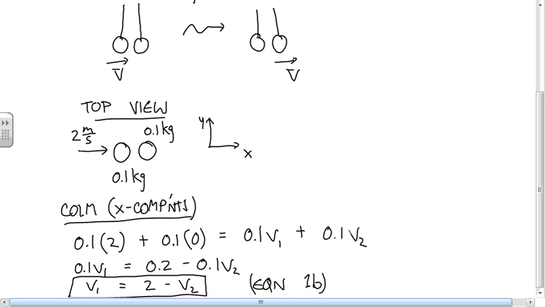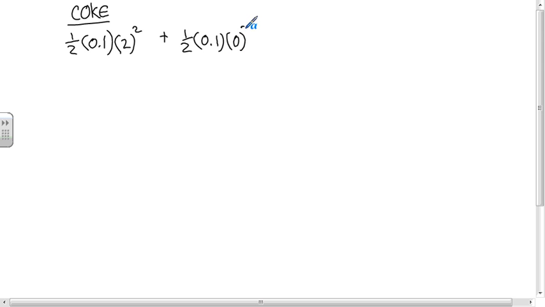And now we can go to the kinetic energy equation. Before the collision, we have 1/2 times 0.1 times 2 squared plus 1/2 times 0.1 times 0 squared is equal to 1/2 times 0.1 times V1 squared plus 1/2 times 0.1 times V2 squared.